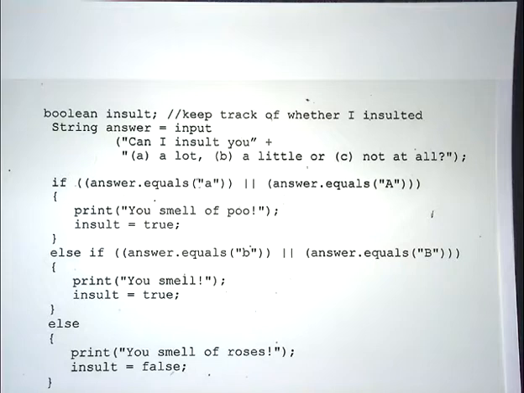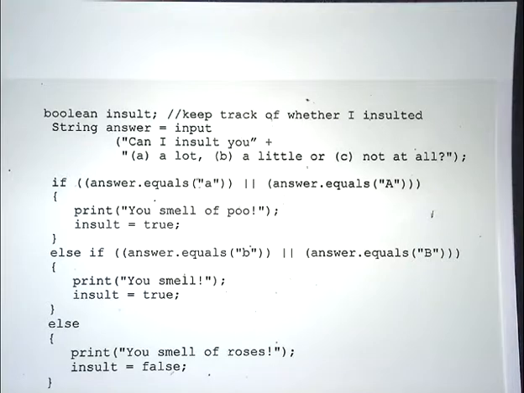And again, I'm doing the same thing. If answer dot equals A, then do something. If answer dot equals B, then do something else. So I've given multiple choices in two ways. And this is the answer to your question about what if I want to say one thing or another.